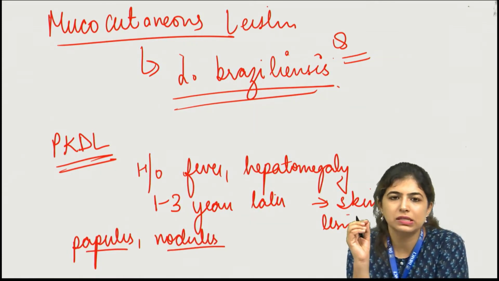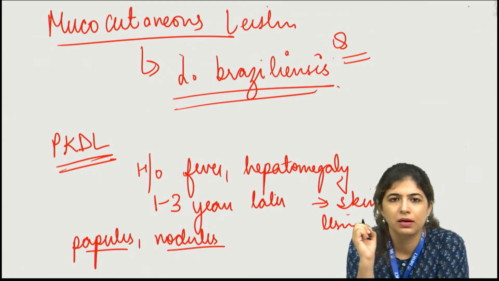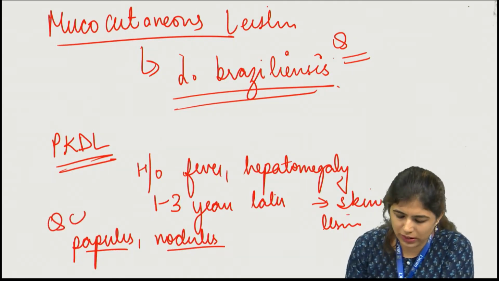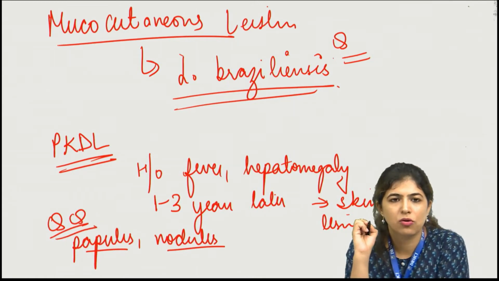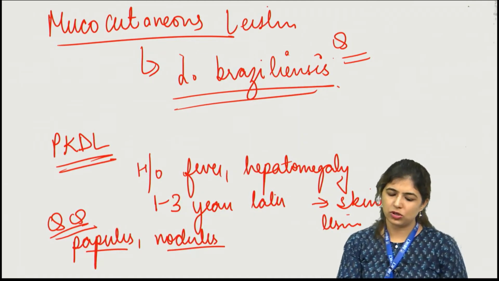Clear? So these are the other two important leishmaniasis that you need to remember. Question is this, question is this. Treatment options remain the same. I hope it is clear to you from here.